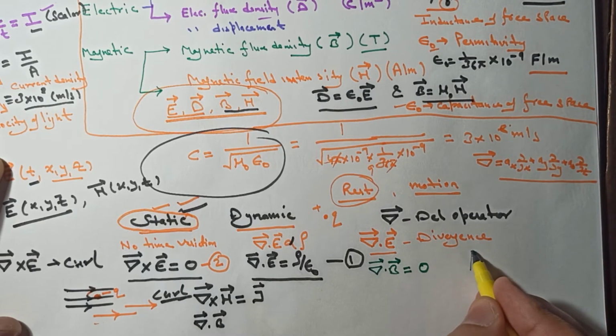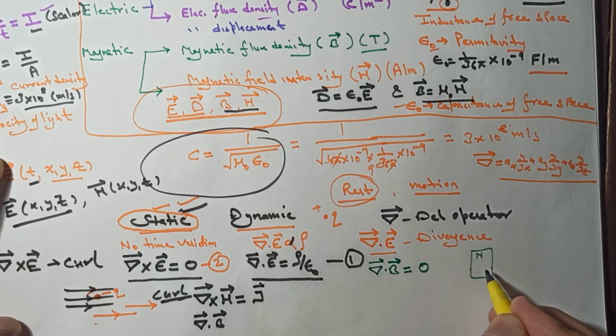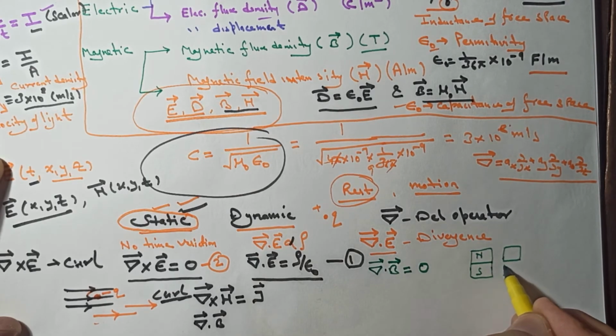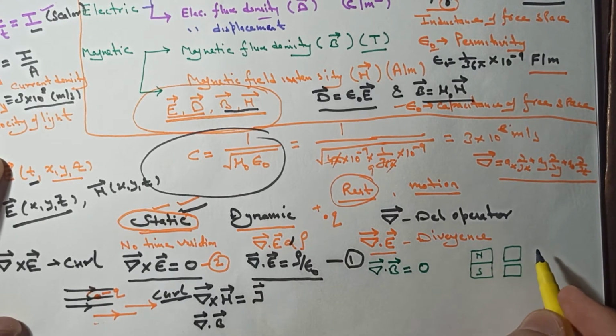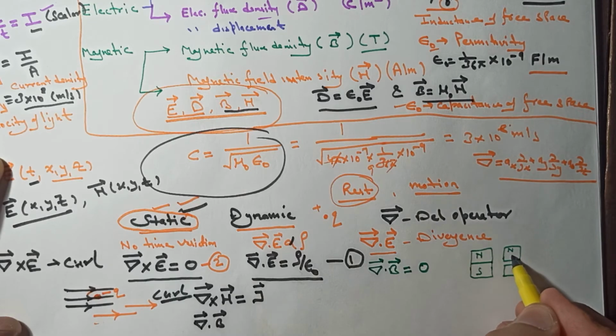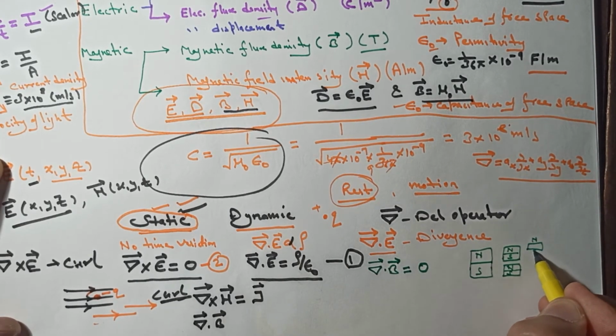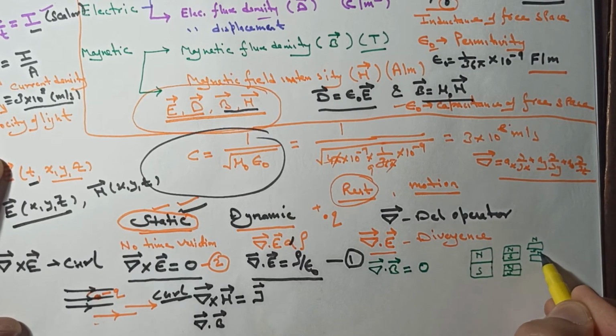And you can explain it with another method. Let us say this is a magnet having a south and a north pole. If you cut it in two parts, we will have two magnets, each having a separate north and south pole.